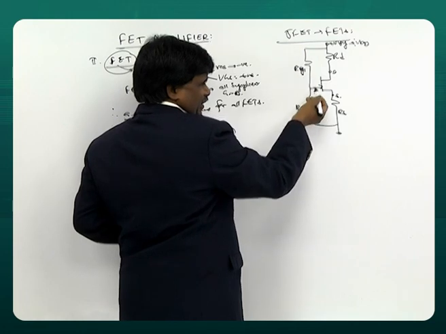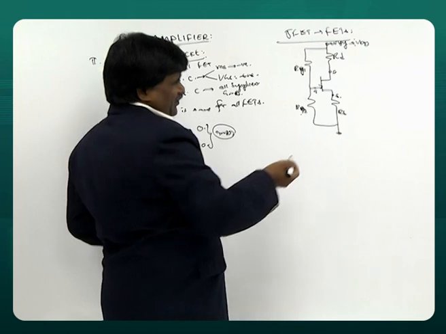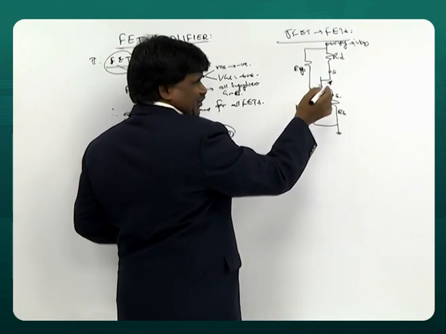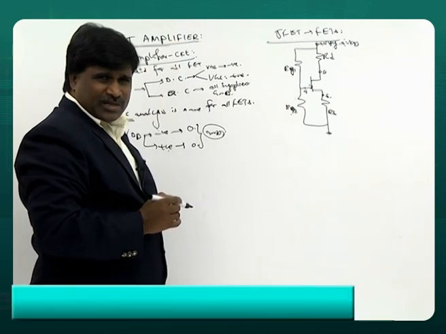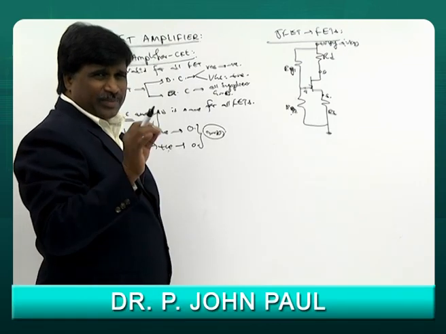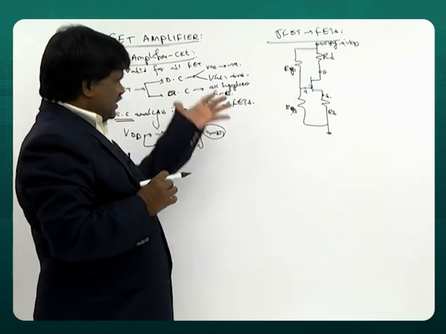But as I said, whether it is N channel or P channel, JFET or MOSFET, it is the same. But the question comes, how to convert a biasing circuit into an amplifier circuit. This is a biasing circuit.